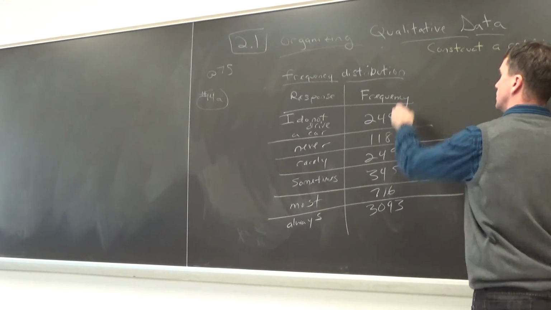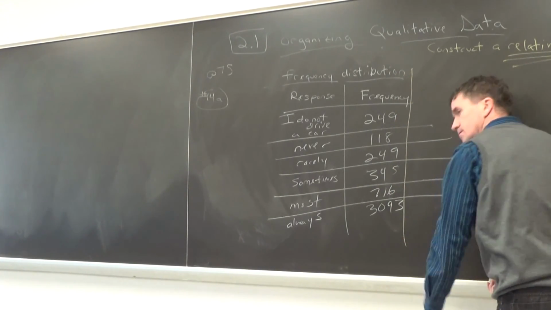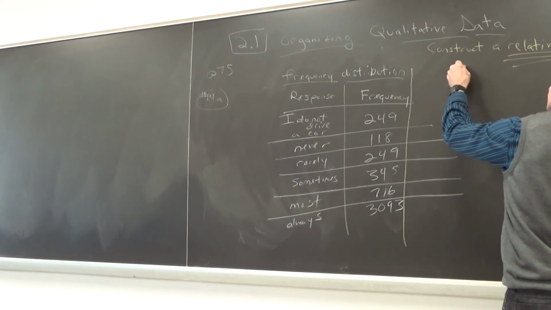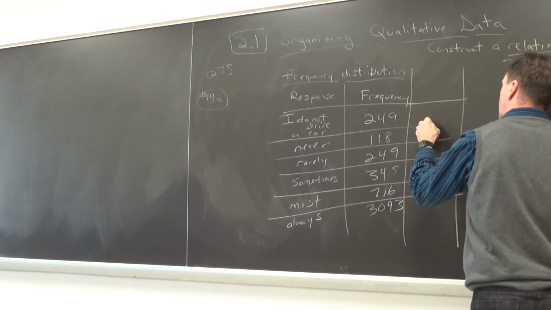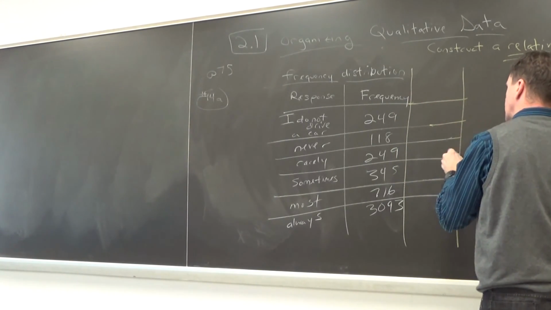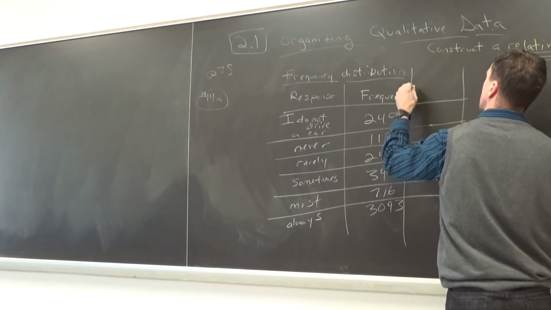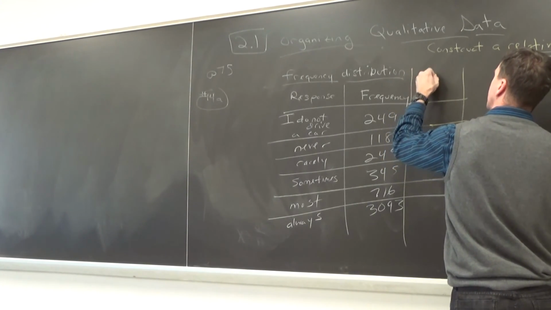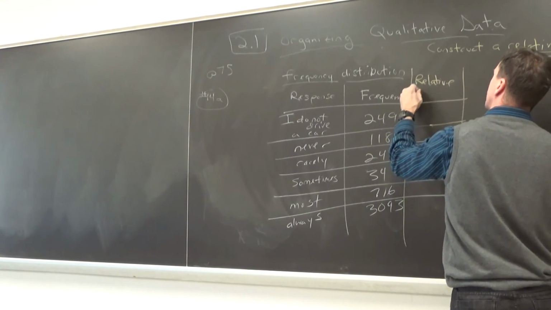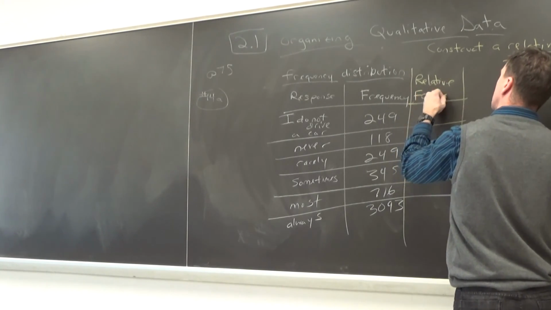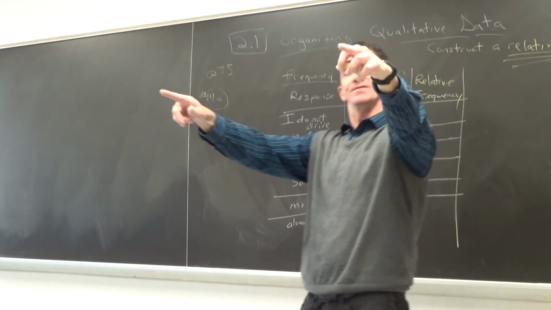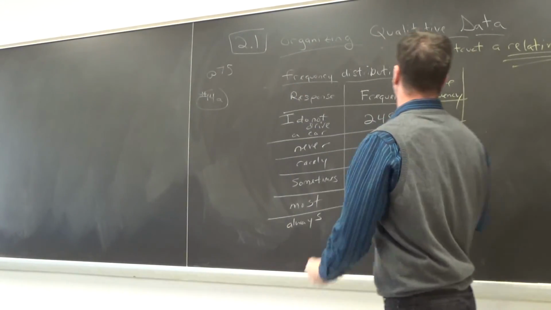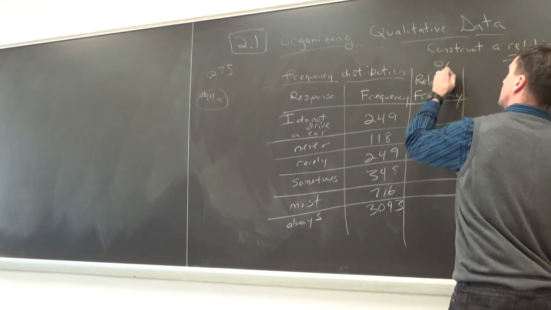And let's just put a vertical line here, and right in here, we can fill in our relative frequency distribution. And we can title this relative frequency. So when you hear the word relative, I want you to think percentages.